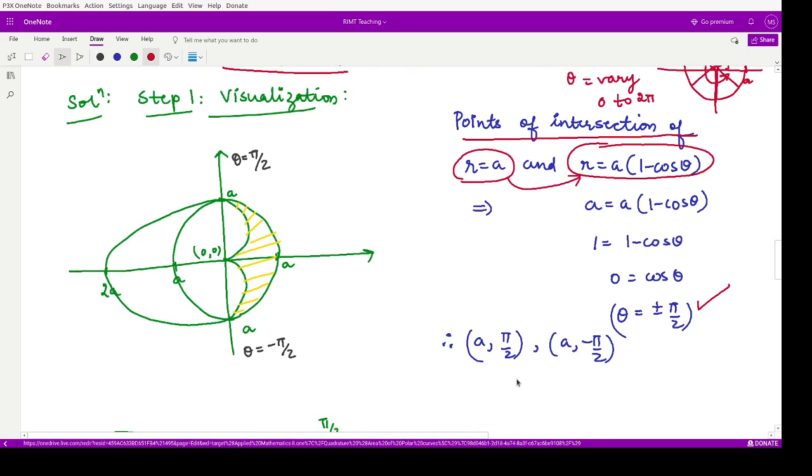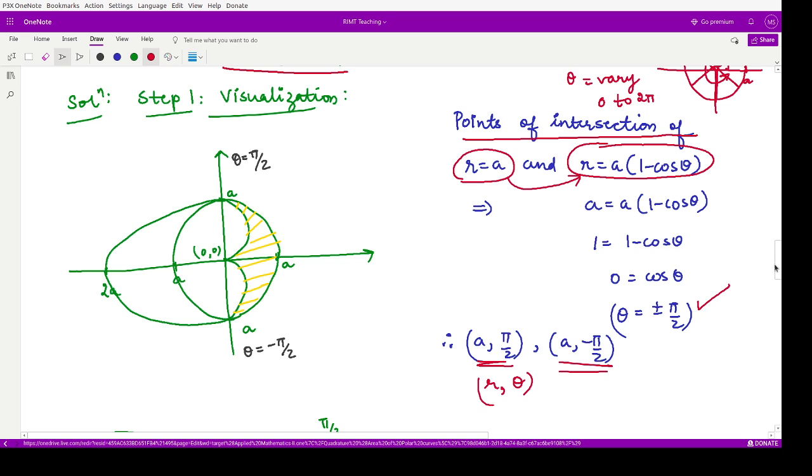So the points obtained are: the first point, where the value of r is a and the value of theta is pi by 2, and the second point, where the value of r is a and the value of theta is minus pi by 2. So we have these as the points of intersection.